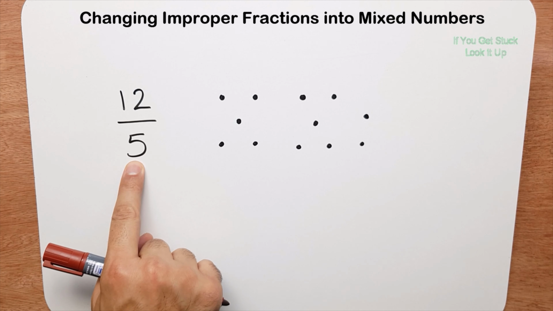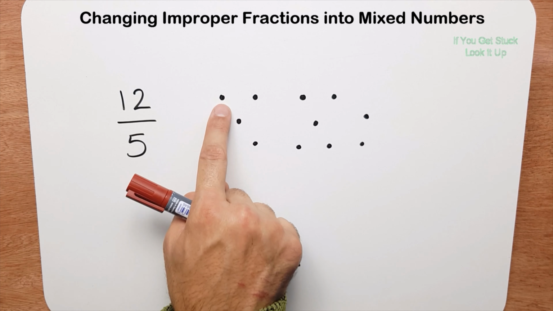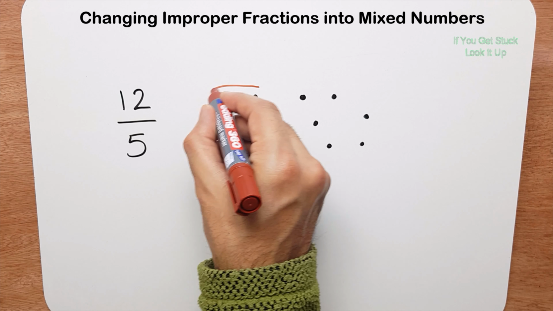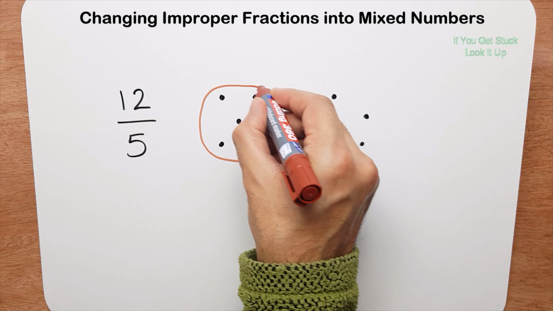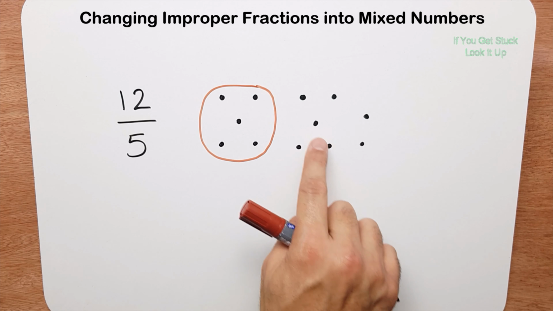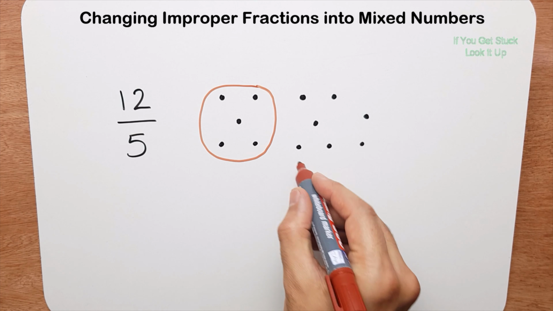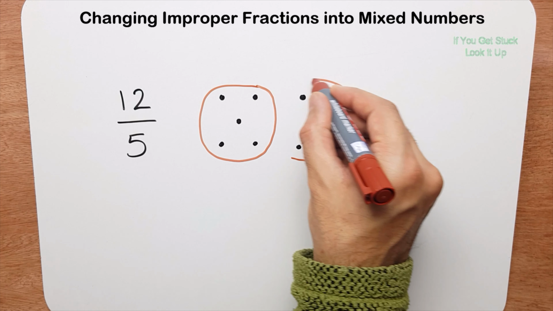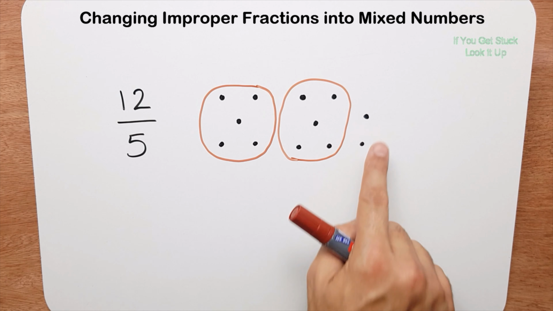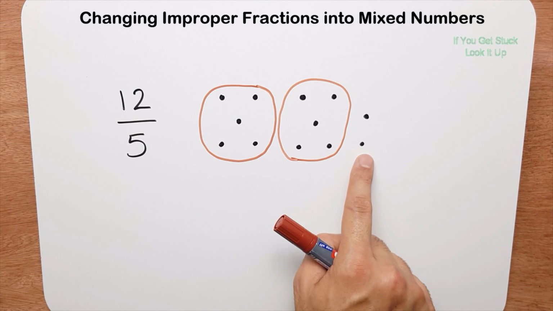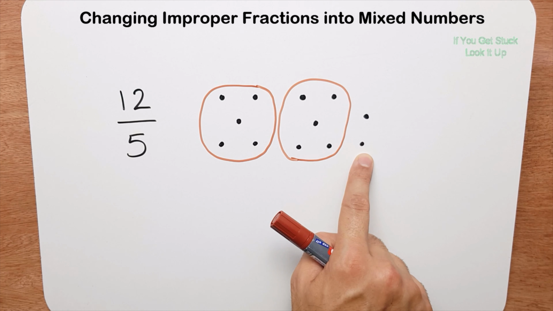The denominator is 5, so I want 5 in each group. 1, 2, 3, 4, 5. That's one group. 1, 2, 3, 4, 5. That's another group. 1, 2. I've not got enough for another group.